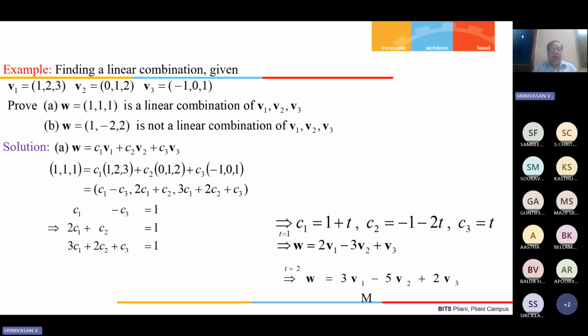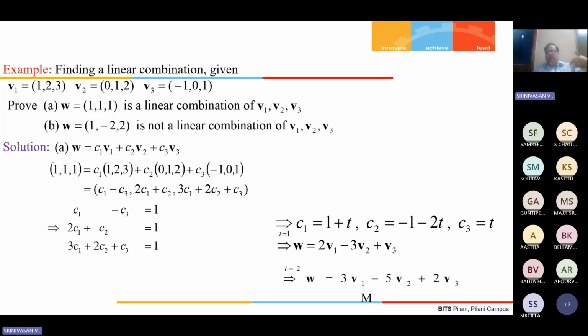So what does W now mean? Having found C1 equal to 1 plus T, C2 equal to minus 1 minus 2T, C3 equal to T. What is W? W is originally C1 V1 plus C2 V2 plus C3 V3. Supposing T equal to 1.